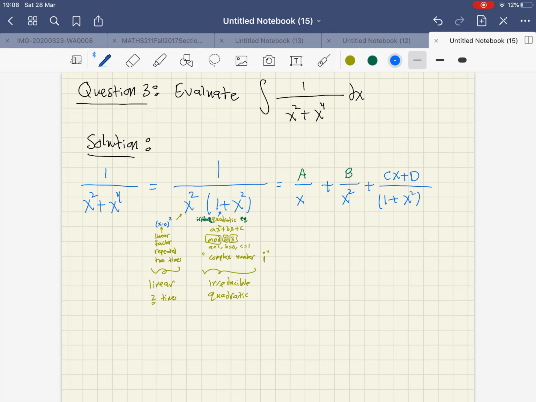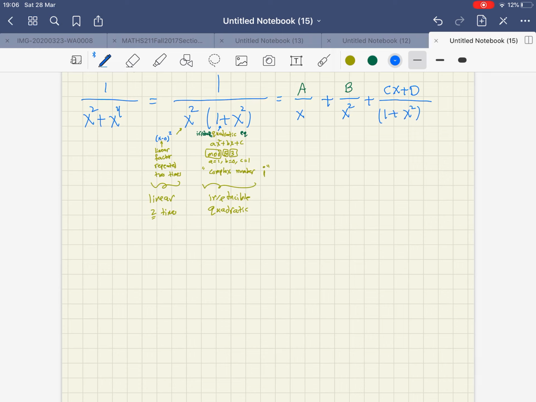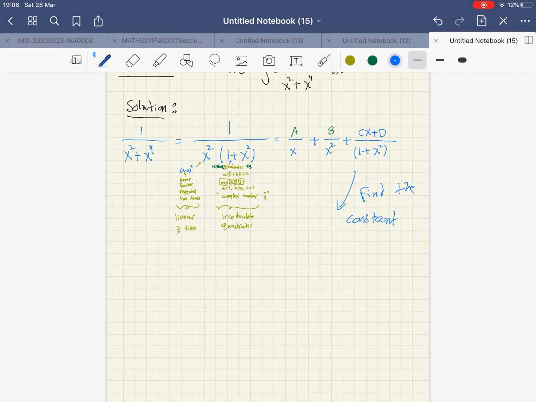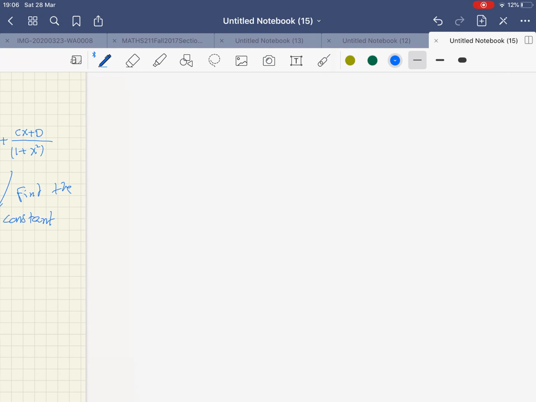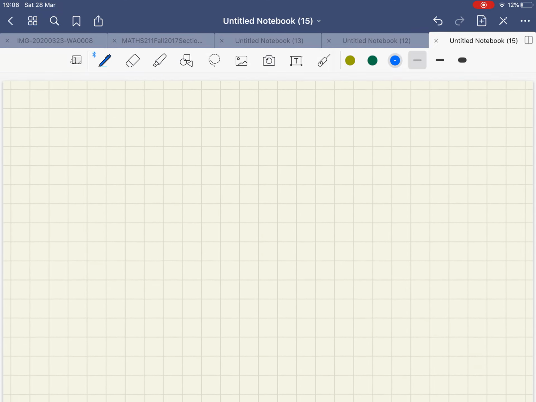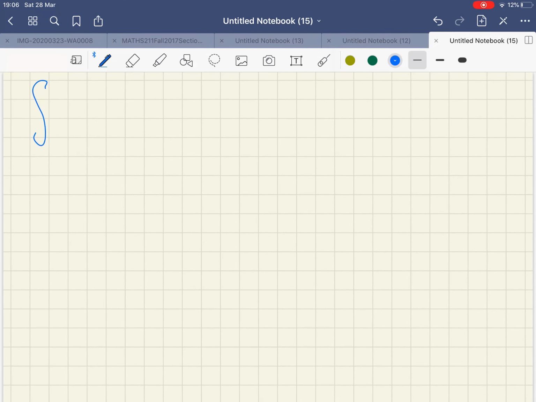So let me go to the next page. Let me do the integration. Keep in mind I have A, B, C, and D. Later I will come back here to find the constants. So let's keep the constants for later. For now, let's just do the integration. So remember, I need to find the integration of 1 over x squared plus x to the 4 dx.